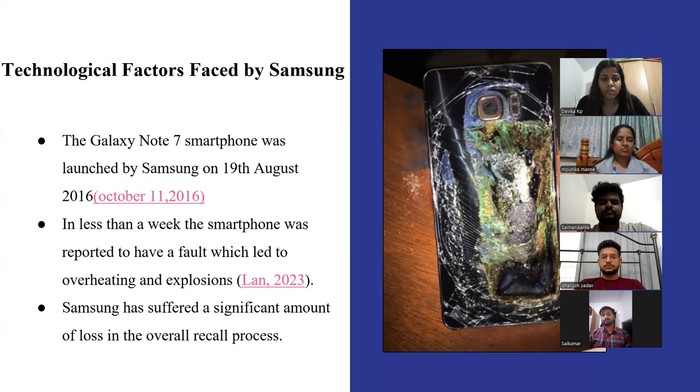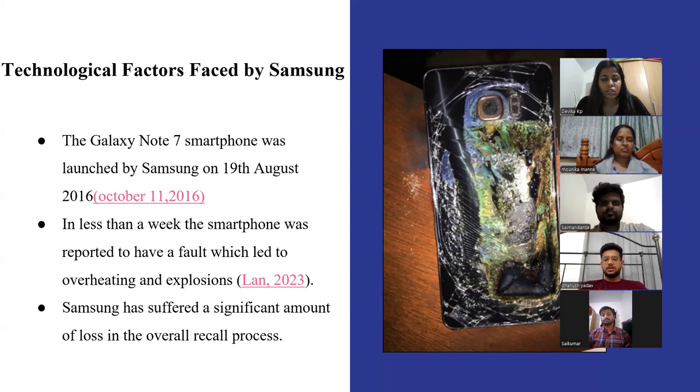it goes to the technological factors faced by Samsung. These slides discuss the technological challenges faced by Samsung. The Galaxy Note 7 smartphone manufactured by Samsung was launched on 19th August 2016, and on 24th August the first explosion of the phone was reported.